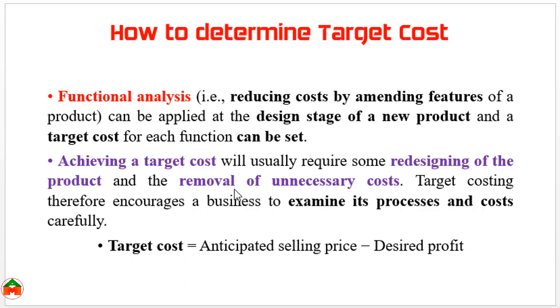If we can remove the unnecessary cost from the production process, then we can achieve the target cost, and with that target cost we can achieve our required profit by selling the product at the market price or selling price.